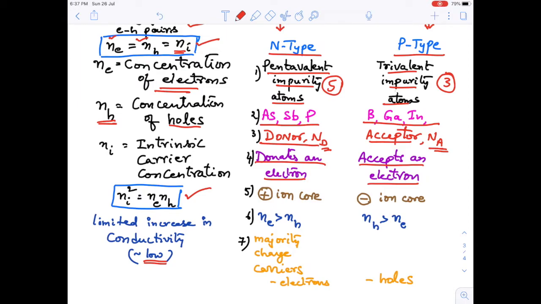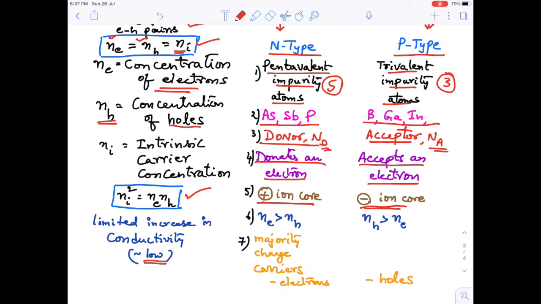Because they donate an electron, each donor atom becomes a positive core, a positive ion. They get ionized, and because they are losing an electron, they become positive ions. And here acceptor atoms accept an electron, therefore they become negative ions.